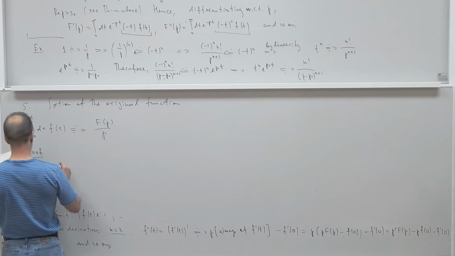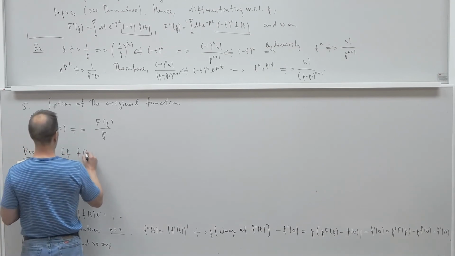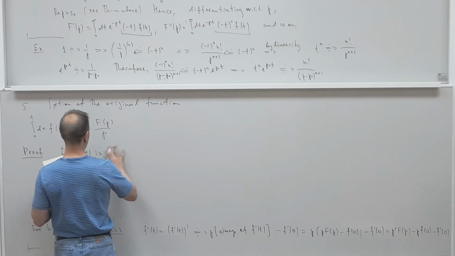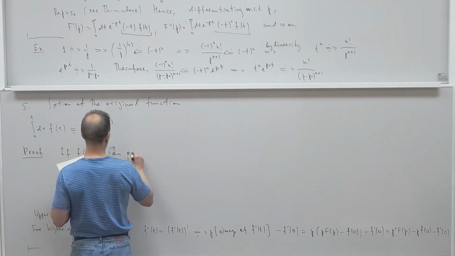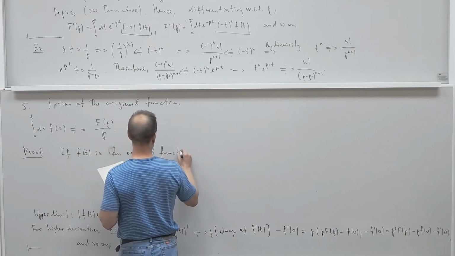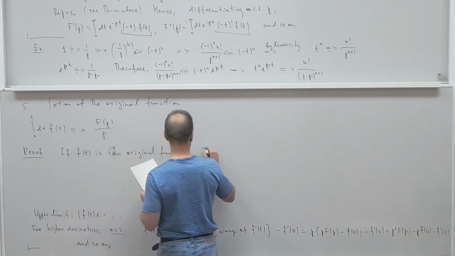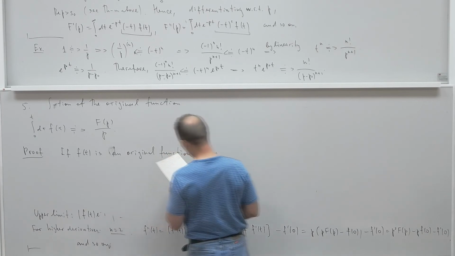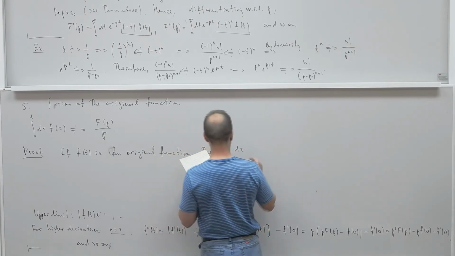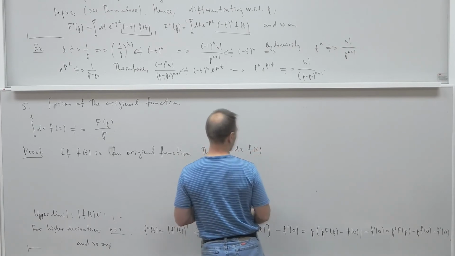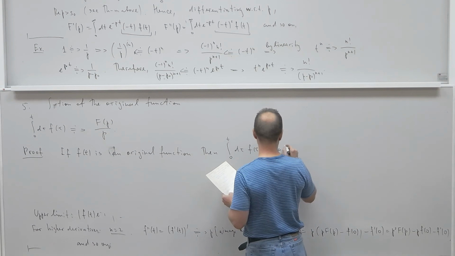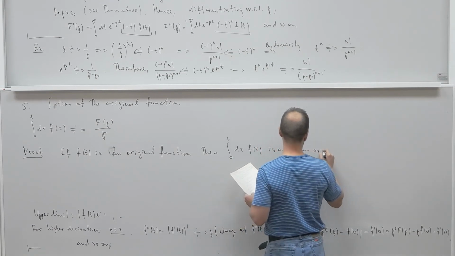So the proof. If f of t is the original function, then it can be easily proved that its definite integral of such a form is also an original function.